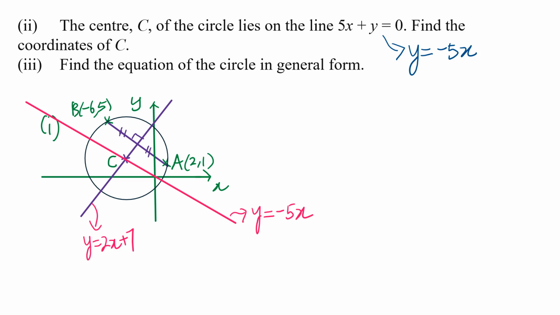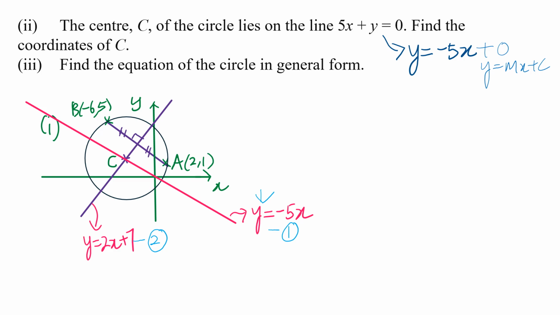Right, so in part 2 of the questions, we are told that the center C of the circle lies on this line 5x plus y equals 0. If I rewrite it in the format y equals mx plus c, you'll see that the line y equals negative 5x has a negative gradient and it passes through the origin because the value of c is 0. So we can roughly sketch the line y equals negative 5x as such. From the diagram, we see that if we solve these two equations simultaneously, the intersection point will be the center C of the circle.